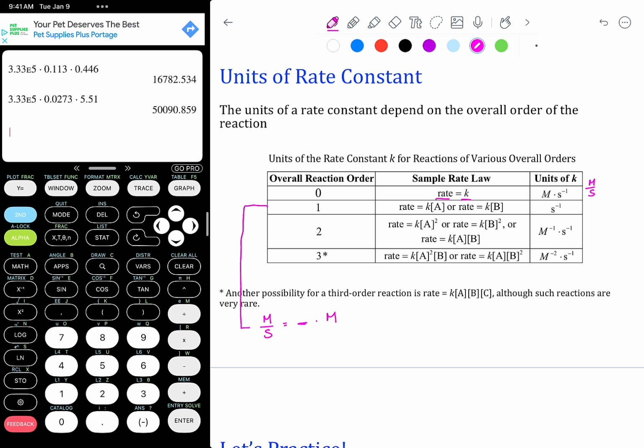So in order to get my K times concentration side equal to my rate units, I need to put my K as 1 over seconds. That way when I do 1 over seconds times molarity, that equals molarity per second, which is equal to rate. So my K for a first order reaction has a unit of 1 over seconds.